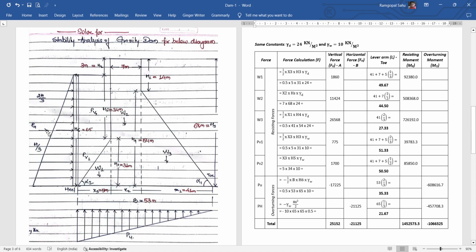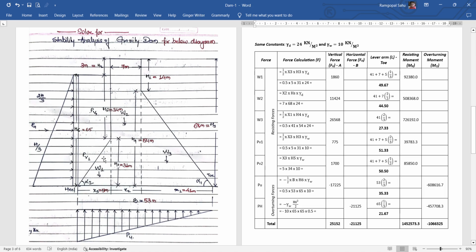So here head water pressure, PH, and uplift pressure, PU, are both overturning forces. And we have categorized the forces into two categories, vertical forces and horizontal forces. You can see how we have arranged the table.